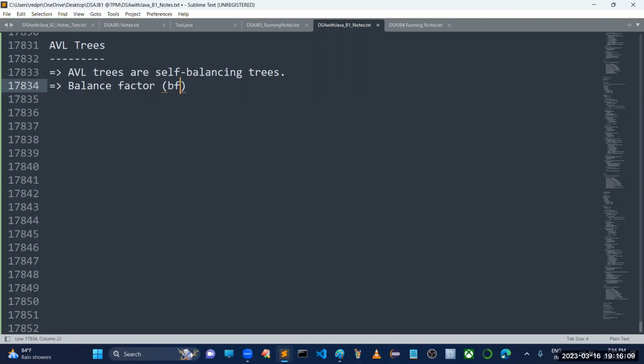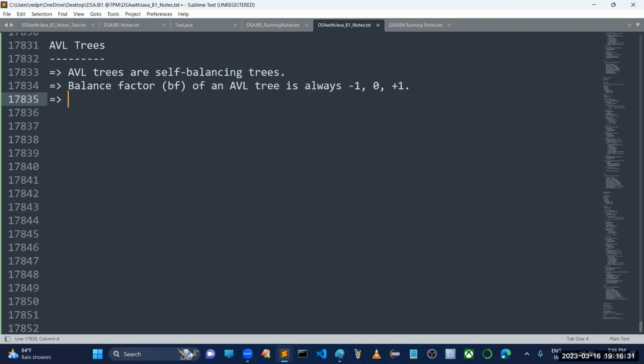The balance factor of an AVL tree is always -1 or 0 or +1. Among these three values we have to take.